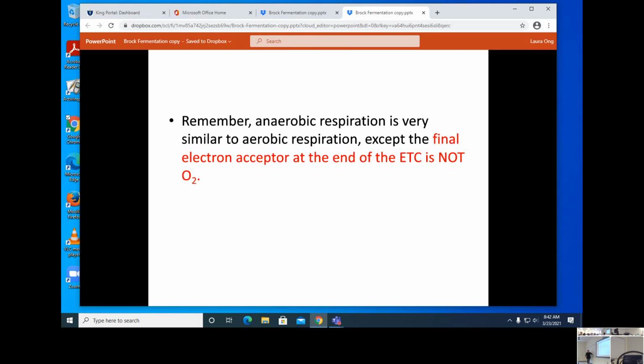There can be something else that's the final electron acceptor. If so, that's an anaerobic respiration style. And the cell that is running anaerobic respiration has to have large amounts of the final electron acceptor, like abundant amounts of that thing.